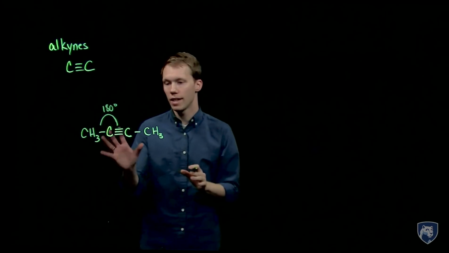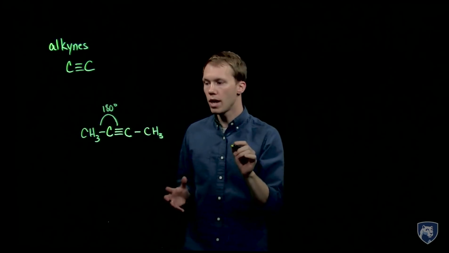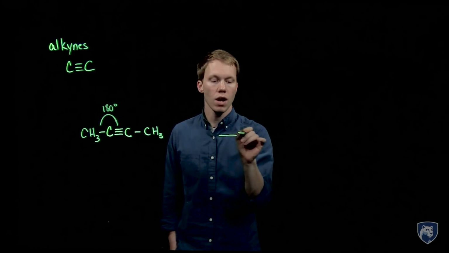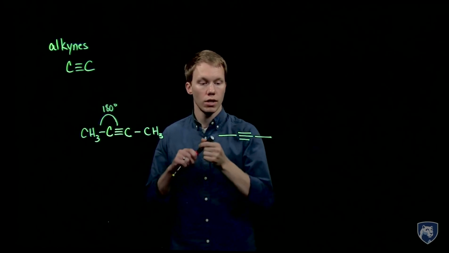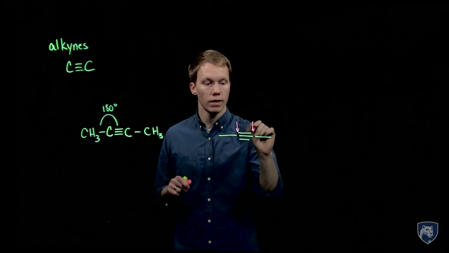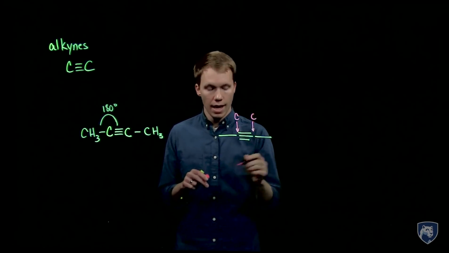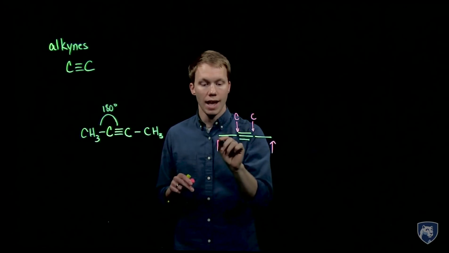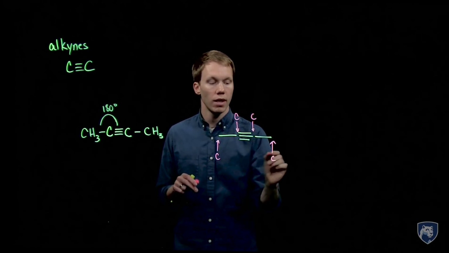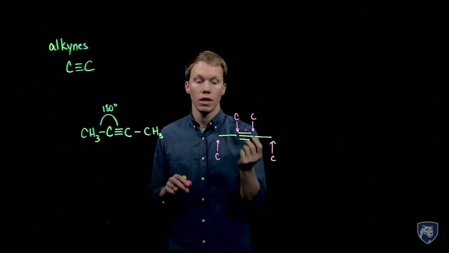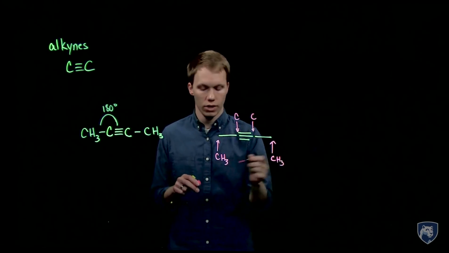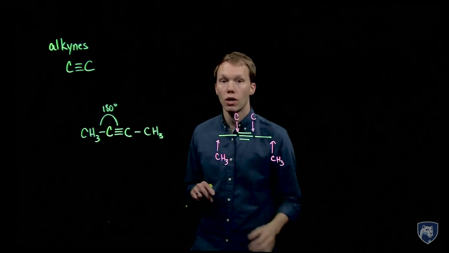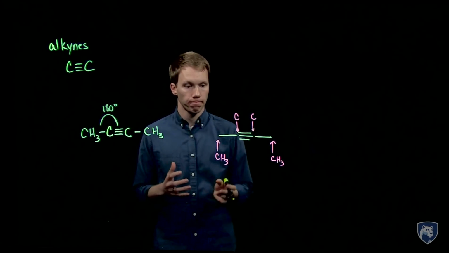So when we translate this type of structure to the bond line, we can draw it simply like this, where each end of my triple bond represents a carbon atom, and then we have the end of my chain which represents additional carbon atoms. And of course they would have met their valence requirements, so there are 3 additional hydrogens at each of those points.